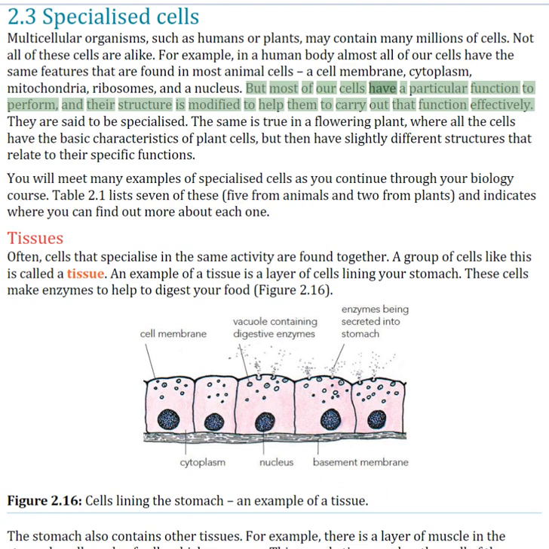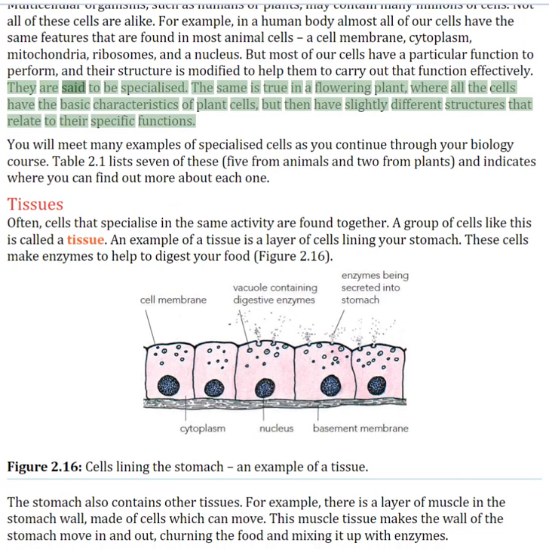But most of our cells have a particular function to perform, and their structure is modified to help them to carry out that function effectively. They are said to be specialized. The same is true in a flowering plant, where all the cells have the basic characteristics of plant cells, but then have slightly different structures that relate to their specific functions.